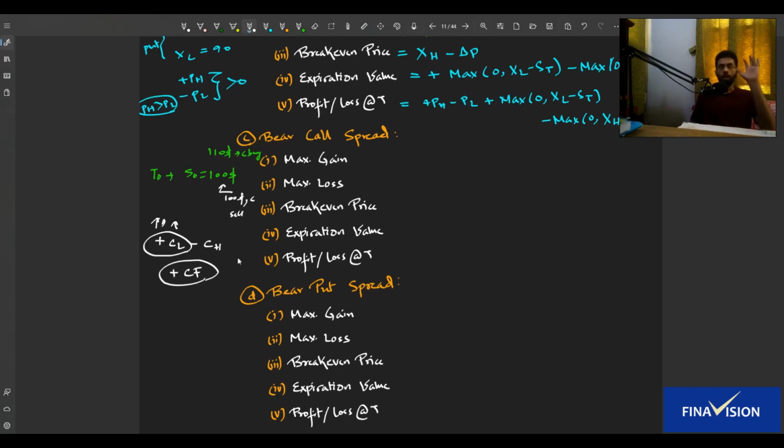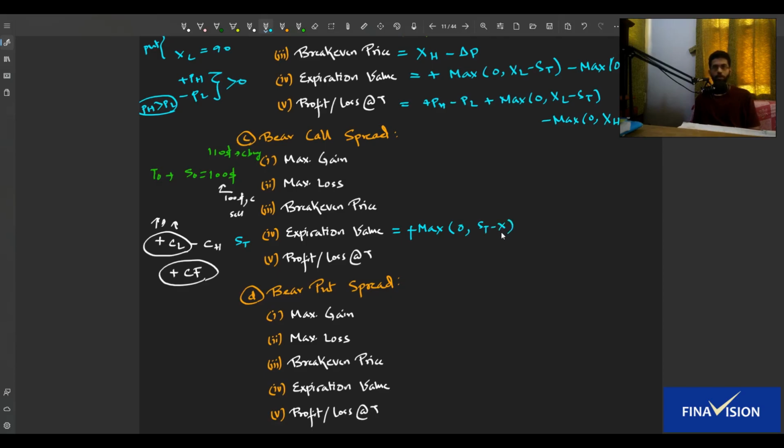Now in case of a bear call spread, what are the profit and loss, expiration value, break-even price, max loss, max gain? Let's calculate them. So let's say now we are going to generalize. Let's say at expiration, the price of the stock is ST. This means the expiration value will be max of 0 and ST minus X for the one we bought.